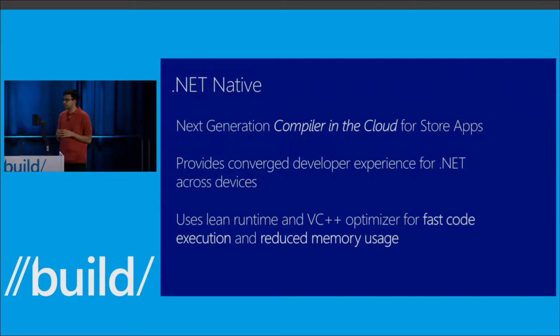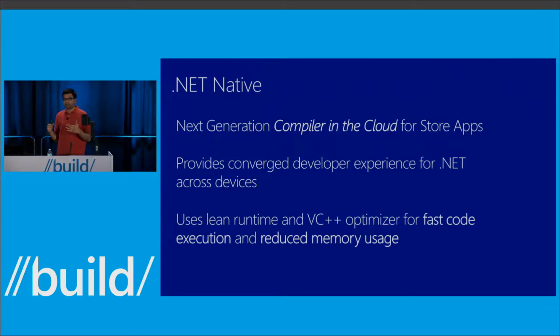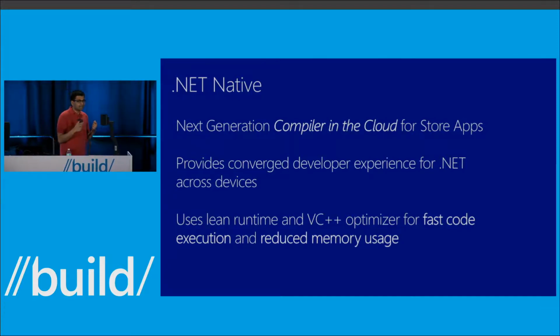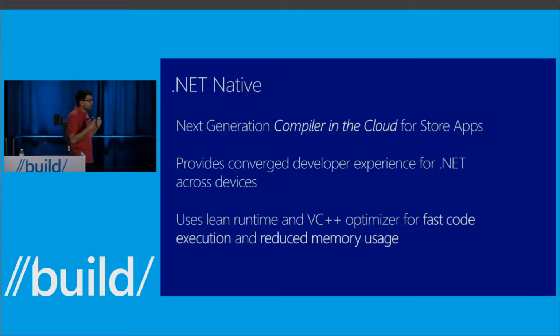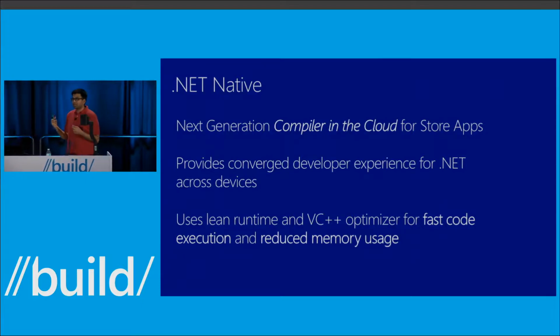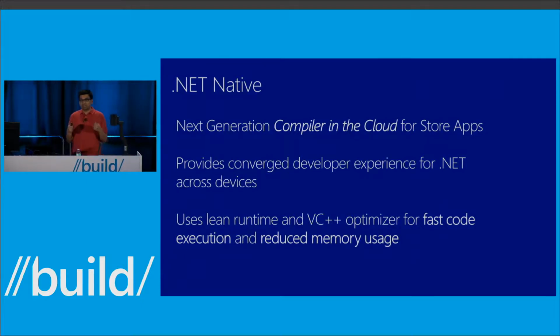And it also allows us to use some of the great work we have done in our C++ technologies in our backend to bring that to a .NET developer. We've done a lot of work to make sure that the optimizations that we do for your C++ code are actually pretty good. And this is an opportunity where we are bringing that to you as well, the .NET developer.